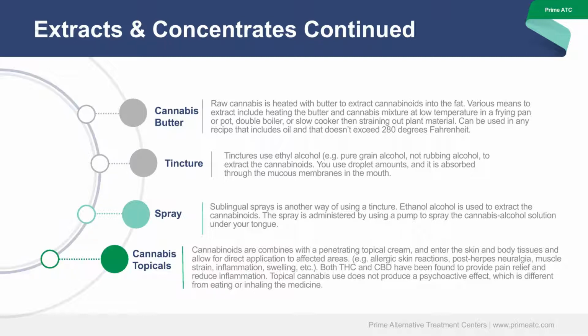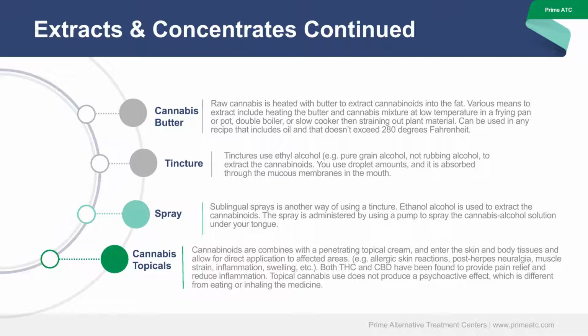Cannabis topicals are substances that are applied to the skin. Cannabinoids have been combined with a penetrating topical cream that can enter the skin and body tissue and allow for direct application to affected areas, such as allergic skin reactions, post-herpetic neuralgia, muscle sprains and strains, and sites of local inflammation and swelling.